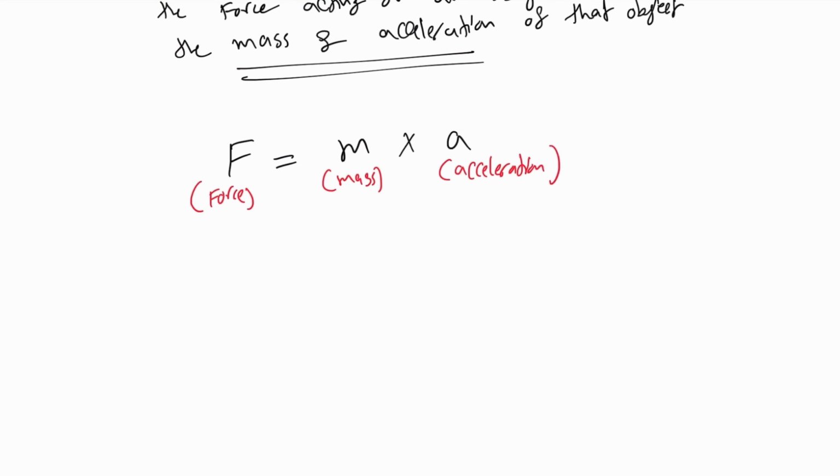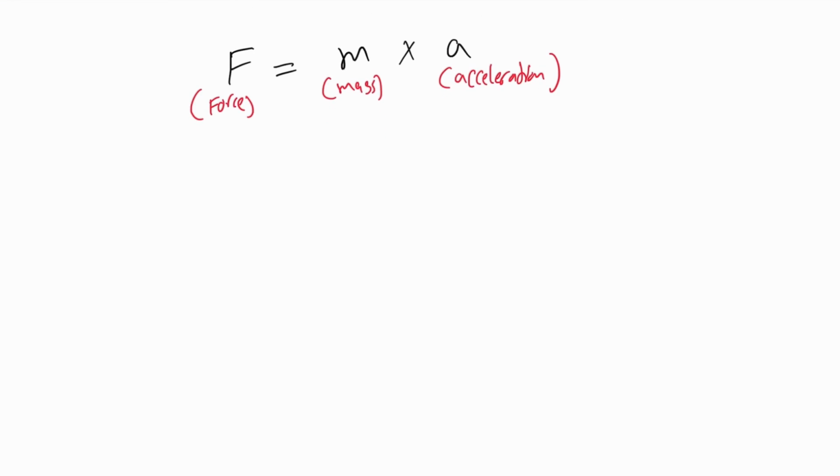So if you have an object, if you're going to apply a force on this object, you want to move a block, a ball, a sphere, a table, it depends on the mass of the object in front of you and the rate of change of the velocity or speed, which is the acceleration. So let's establish the units of measurement. The force is in newtons, given by the letter N. The mass is in kilograms, and acceleration in meters per second squared.